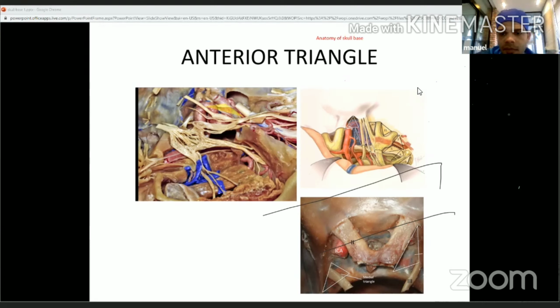You see number one is between the lateral border of the optic nerve and the medial border of the oculomotor nerve. And posterior we have the tentorium. That's the limit of the anterior triangle. Next, John, please.